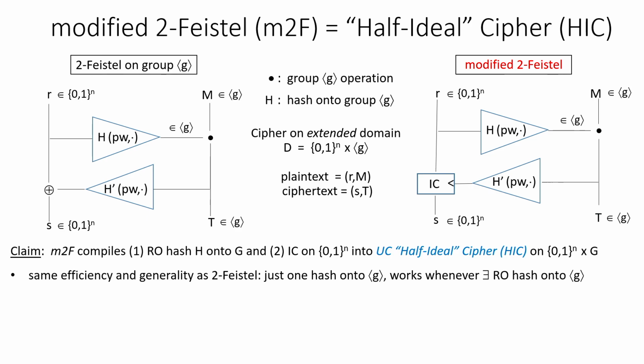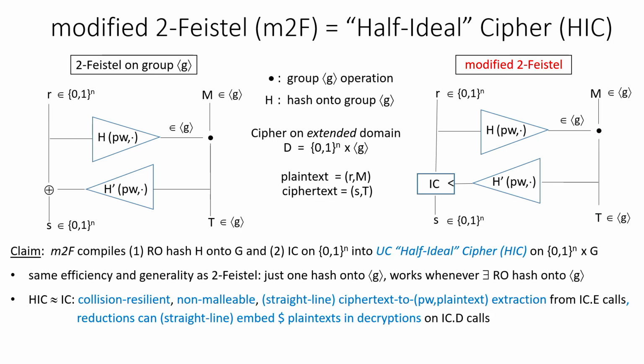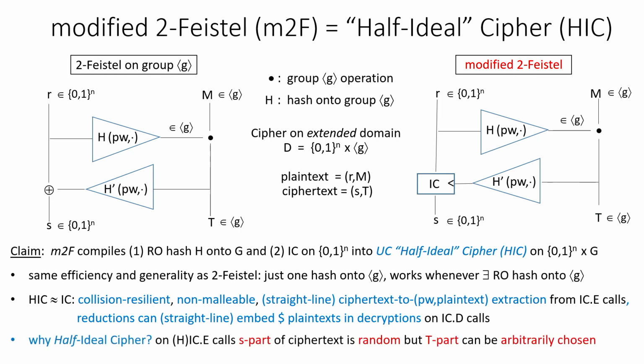The construction on the right has all these efficiency benefits because in applications, it's the hash onto the group that has dominant cost. And you do exactly the same hash. As we will argue, this model of ours, which is a weakening of ideal cipher, still has collision resilience, non-malleability, all these properties of the ideal cipher that we need.